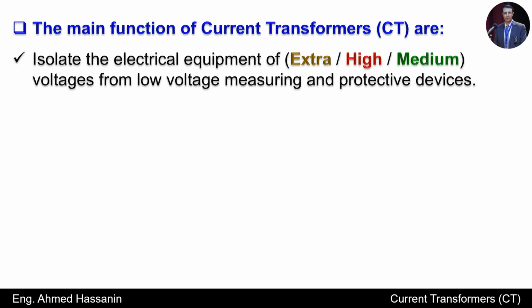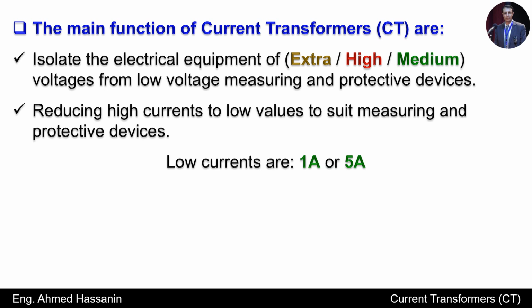So, the main functions of using current transformers in the electrical power system are: first, make isolation between the electrical equipment of medium voltage, high voltage, and extra high voltage, and measuring and protective devices that operated at low voltage.